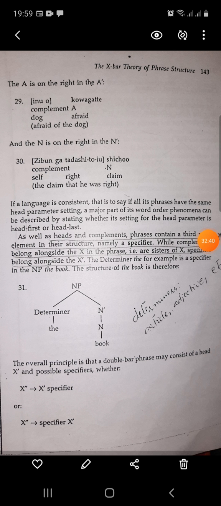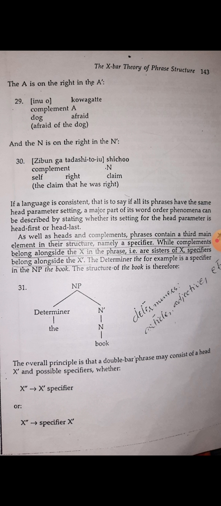So wherever we get a noun phrase in the place of a subject or an object, and a noun is preceded by its modifiers, determiners, whatever, he calls them specifiers instead of complements.